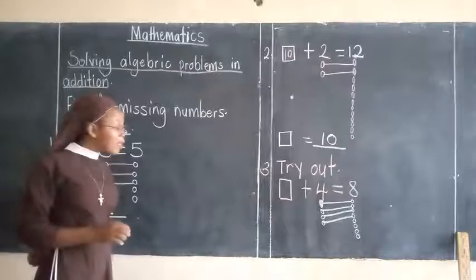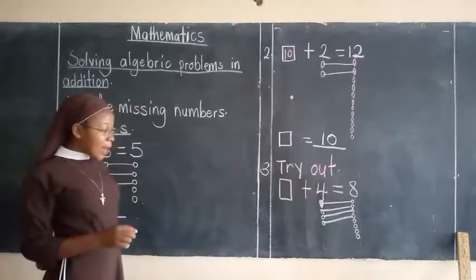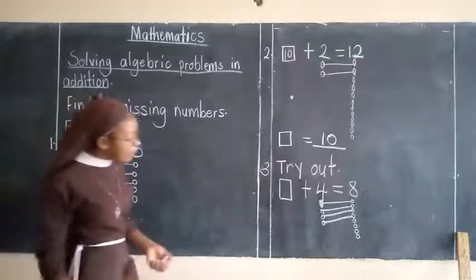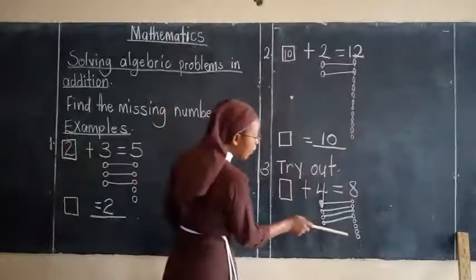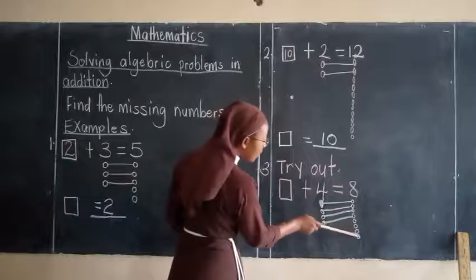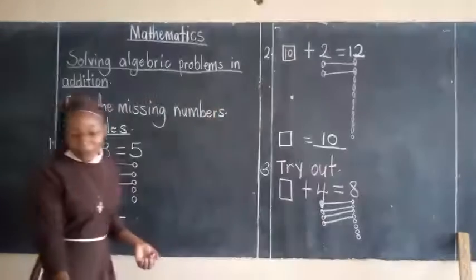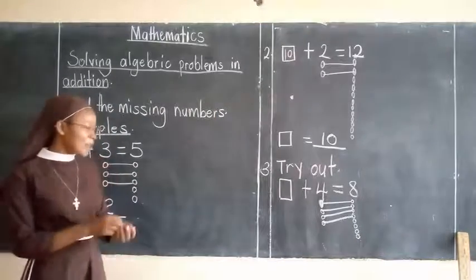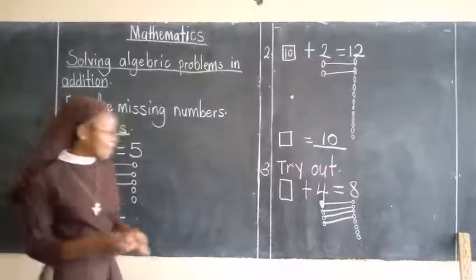We have only matched 4, and each one has to get 1, not 2. Let's count the remaining counters: 1, 2, 3, 4. Agnes, which answer did you get? She got 4. High 5.